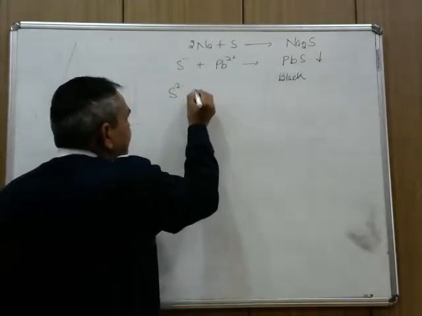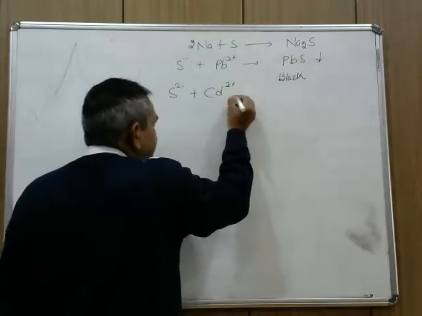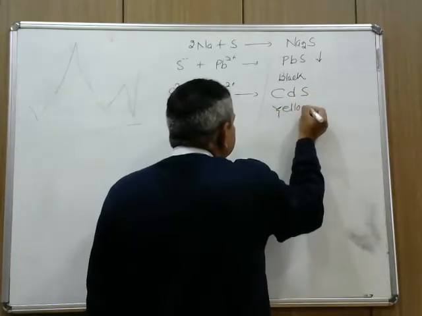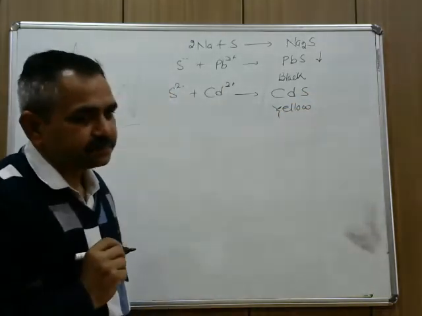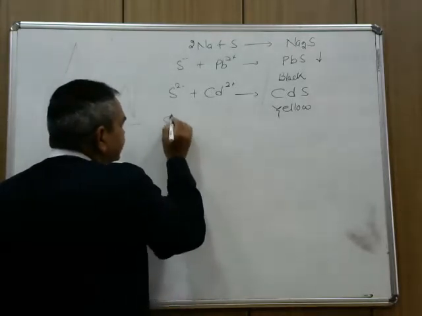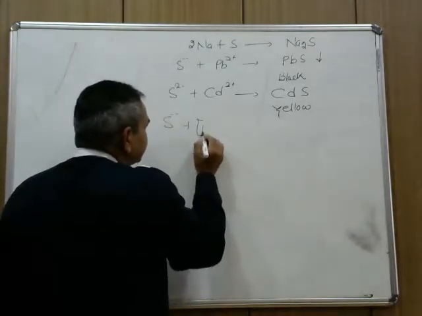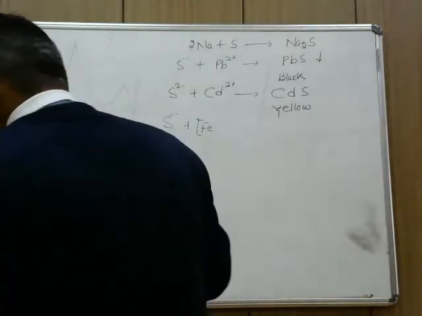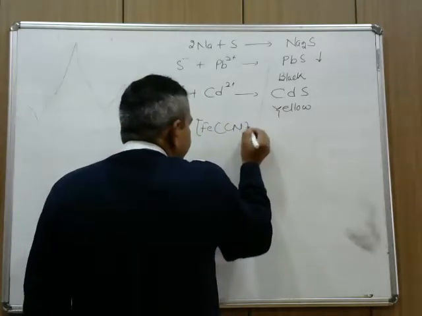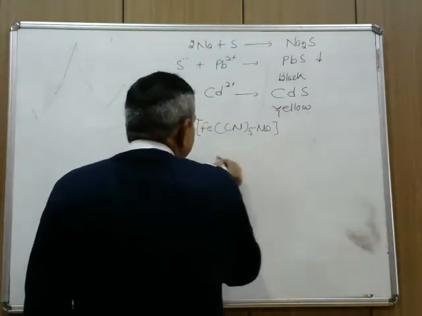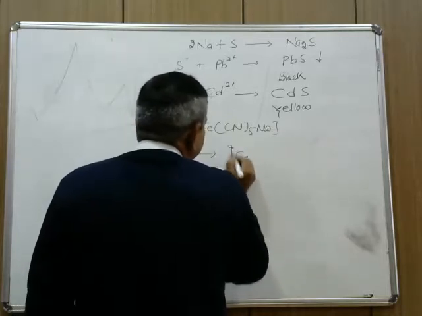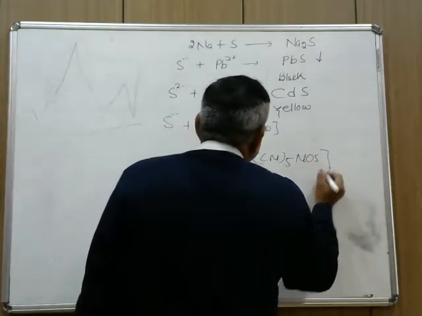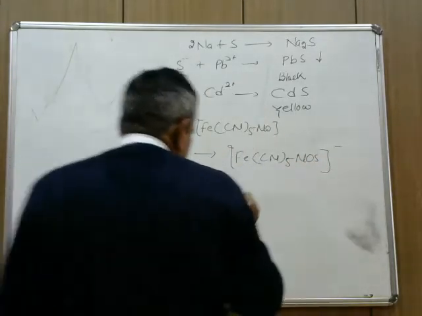Then S2- ions plus Cd2+ form CdS, cadmium sulfide, that is yellow in color, and S2- ions react with sodium nitroprusside to form this violet colored complex.